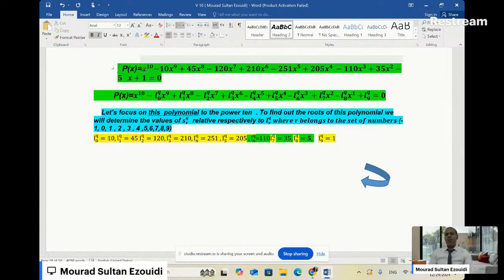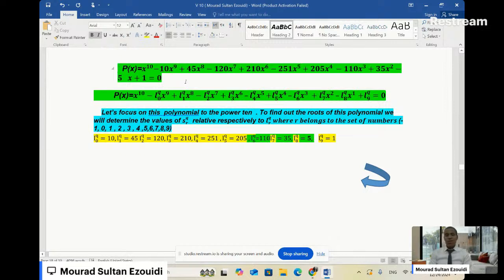So this is our polynomial to the power 10: x raised to the power 10 minus 10x raised to the power 9 plus 45x raised to the power 8 minus 120x raised to the power 7 plus 210x raised to the power 6 minus 251x raised to the power 5 plus 205x raised to the power 4 minus 110x cubed plus 35x squared minus 5x plus 1.